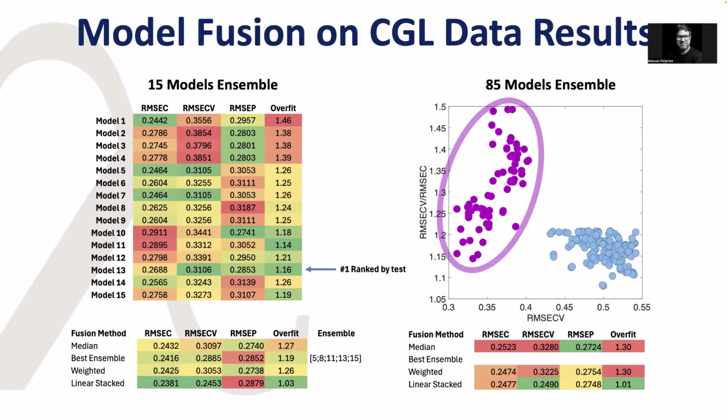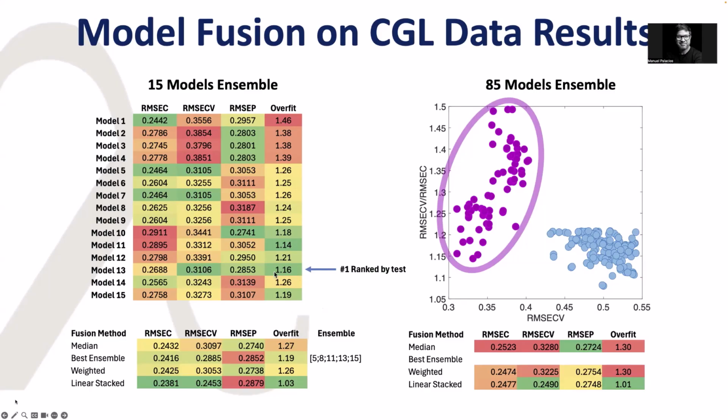All right, so these are the final results for the CGL data, that data that we started showing you. And what you're going to see here is results over different data sets. What I'm going to show you on the left is our favorite 15 models for that particular data set.